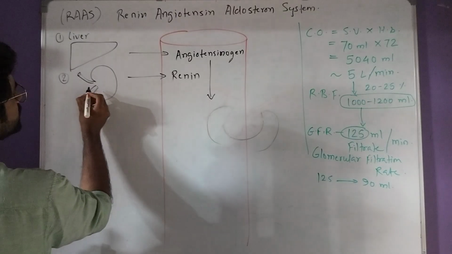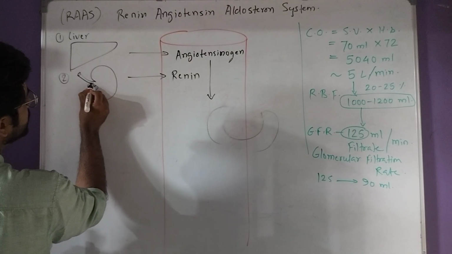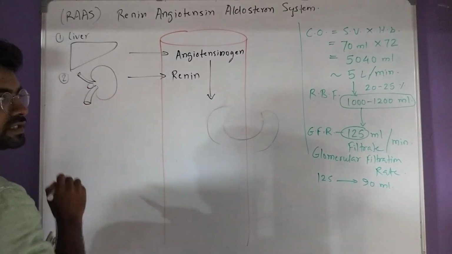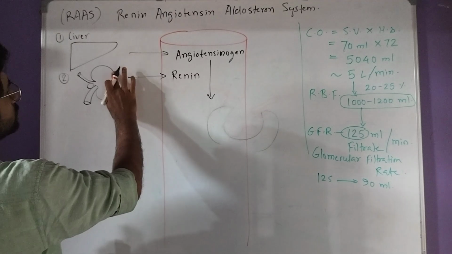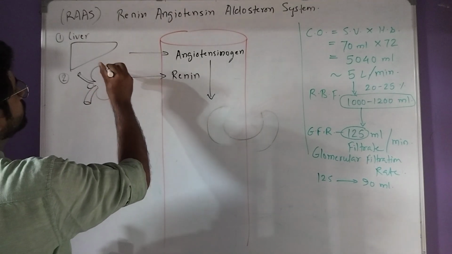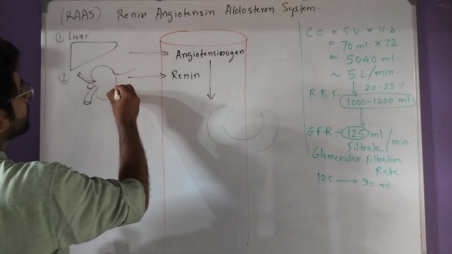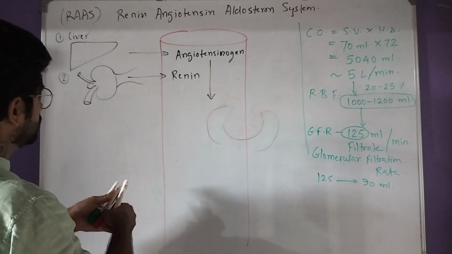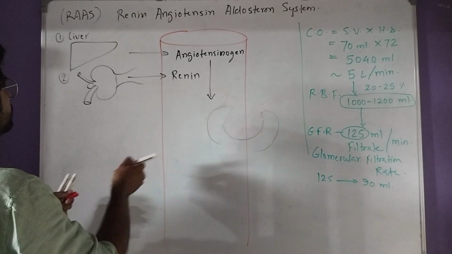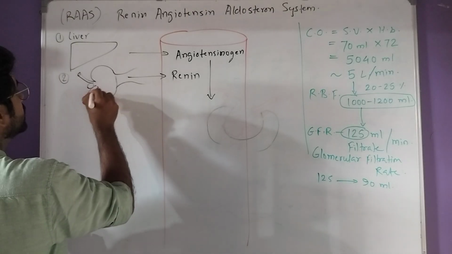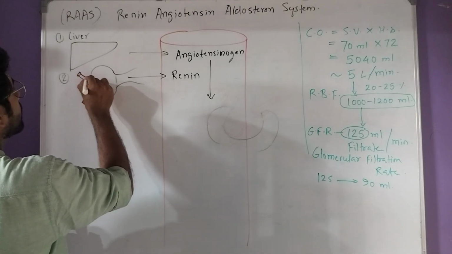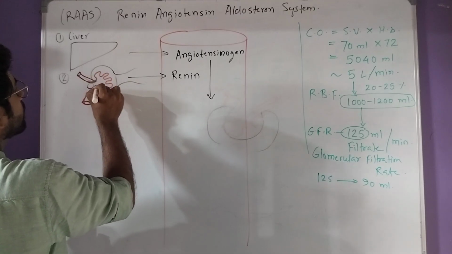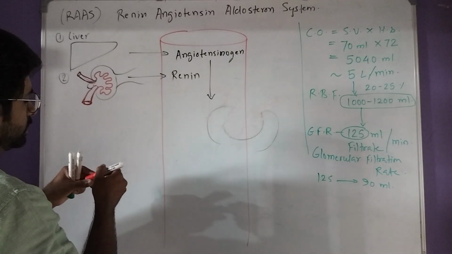In the kidney, where is it released from? There is the DCT, there is the afferent, and then there is the efferent. If I am drawing the Bowman's capsule like this, and your glomerulus like this, I will give it red color. And here is your DCT.